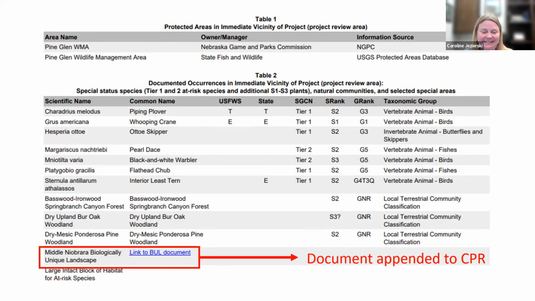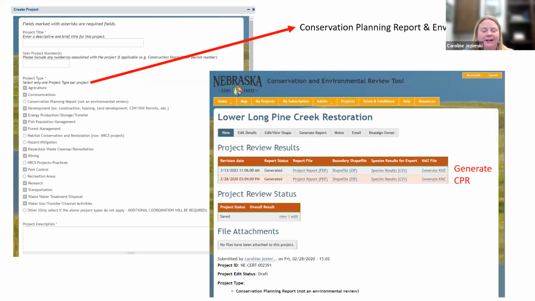All right, lastly, when you have to select what type of project, it says you can only select one project. Well, we would like to give folks who are running environmental reviews the possibility to also get a conservation planning report.